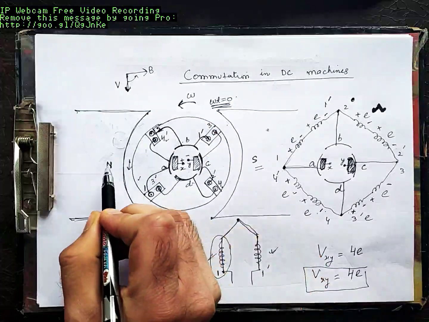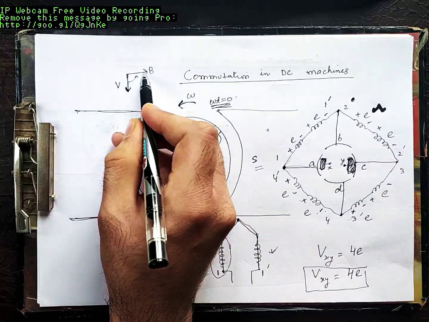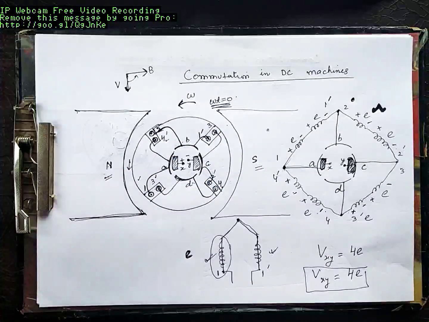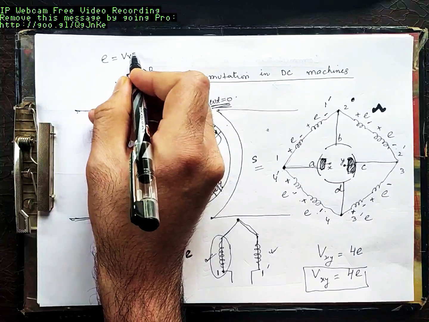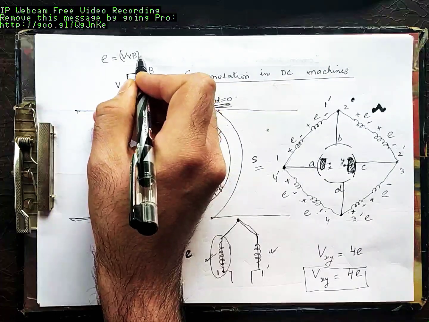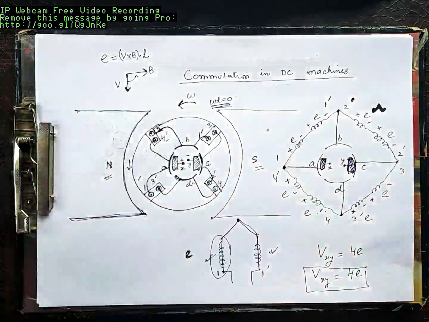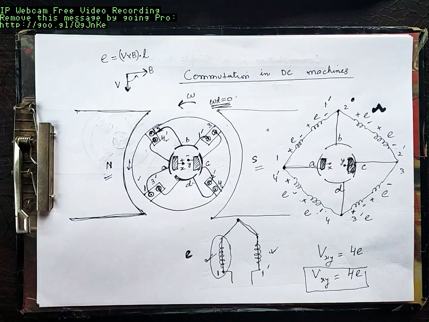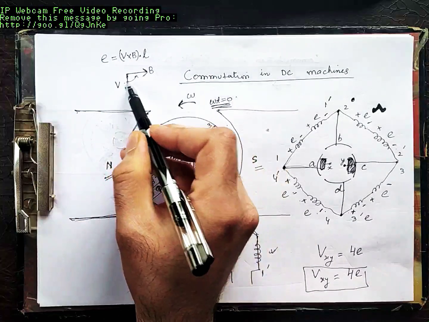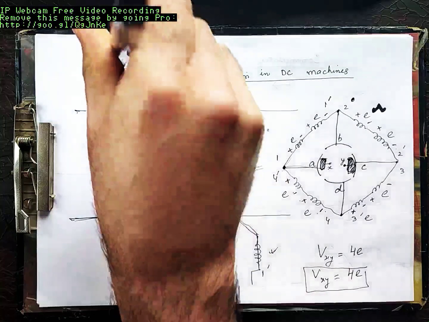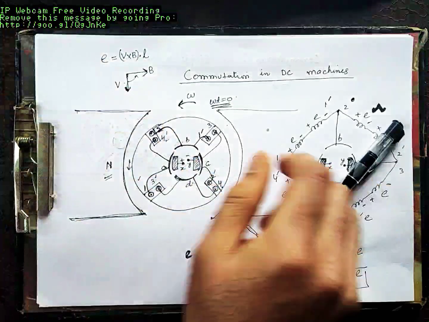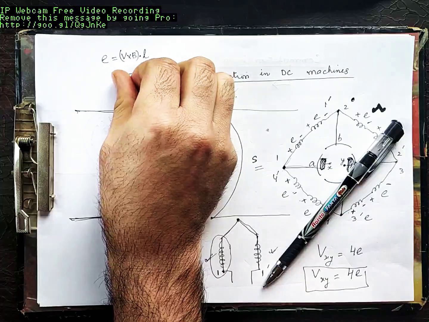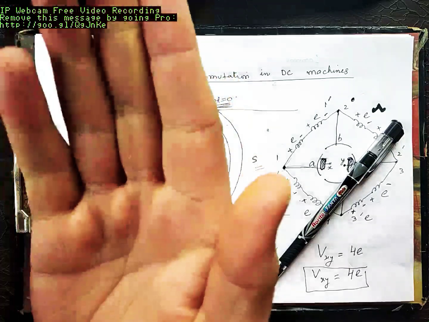The magnetic field is from north pole to south pole, this is the direction of magnetic field B. To know the direction of the induced EMF E, we know E is equal to V cross B dot L. For V cross B, you rotate from V to B. When you rotate in this direction from V to B, it will come out.